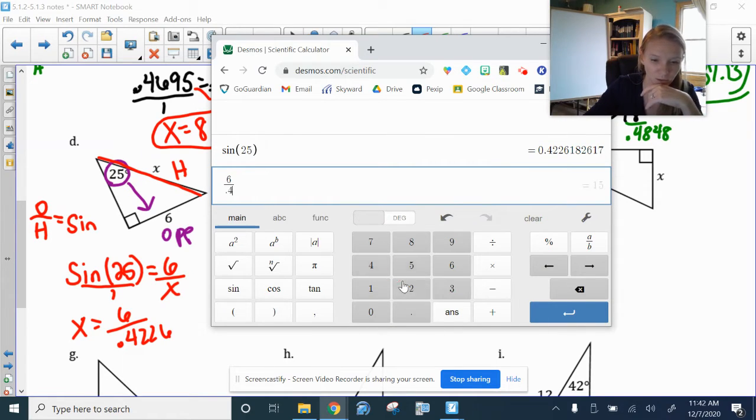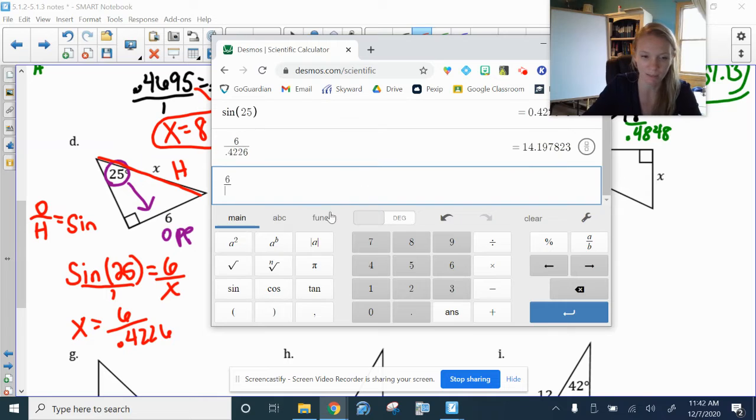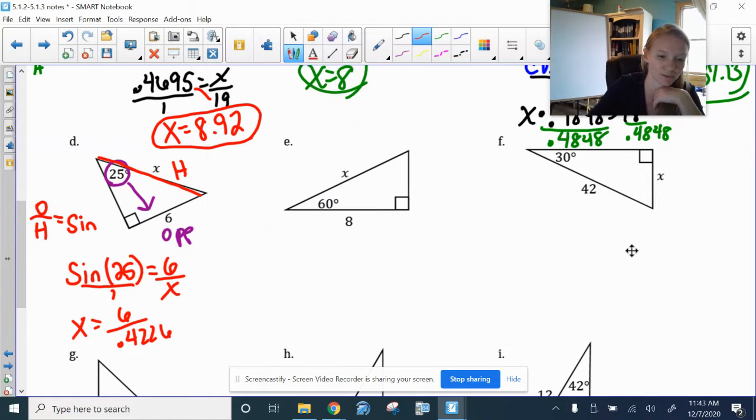I'm going to show you first 0.4226, and I get about 14.19. If I just typed in 6 divided by the sine of 25, look at that, I get basically the same exact numbers. It's only after a couple of decimal points that they start getting thrown off a little bit. So basically this will round up to 14.2.